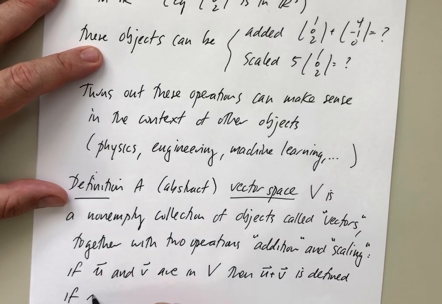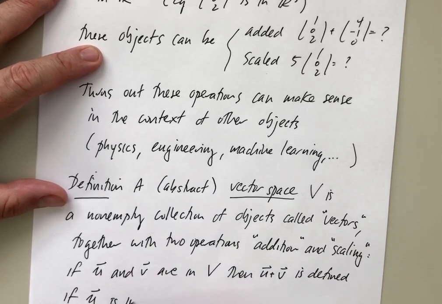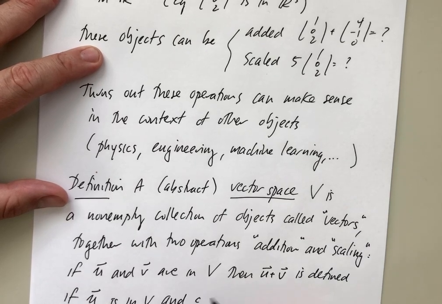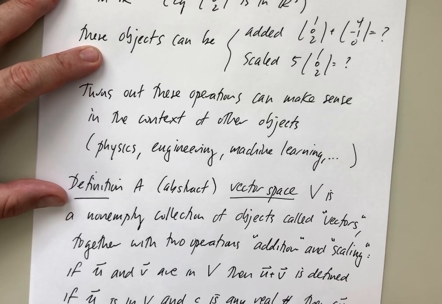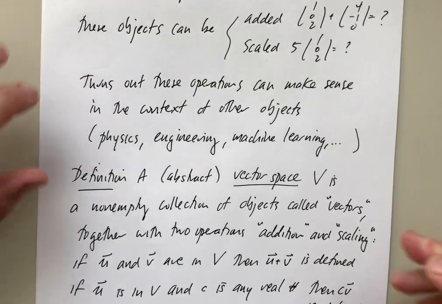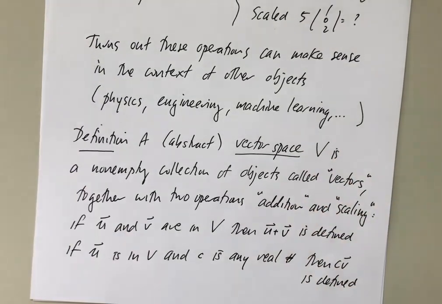And then, of course, the other thing is scaling. If v is in V and c is a real number, then c times v is defined. So these both have some rule that defines them. And I'll show you an example in a second.